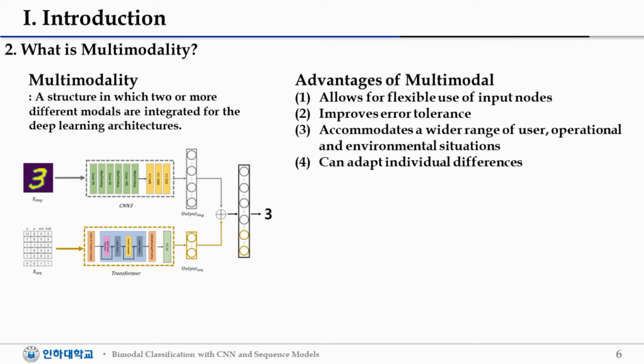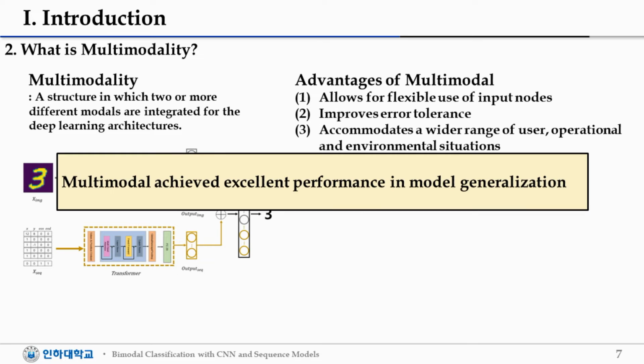They can adapt to constantly changing environmental conditions and accept individual differences, such as permanent or temporary handicaps. Due to these characteristics, multimodality has recently achieved excellent performance in model generalization, learning by receiving different features simultaneously.